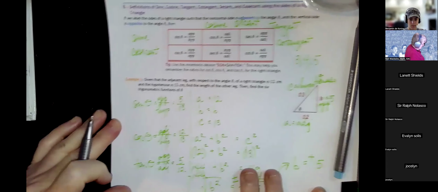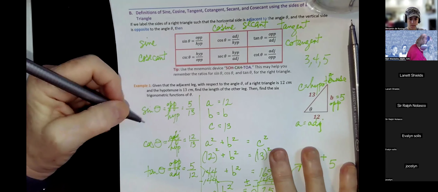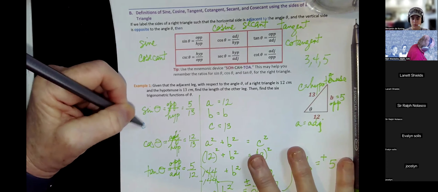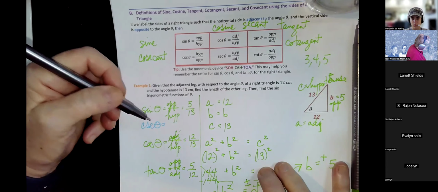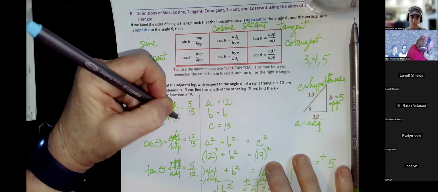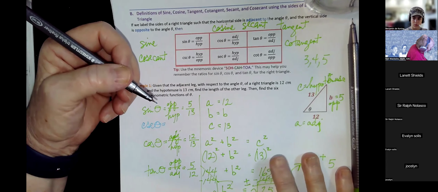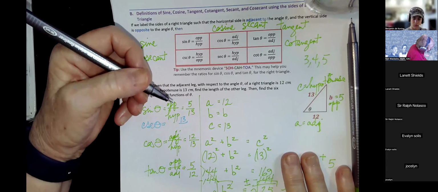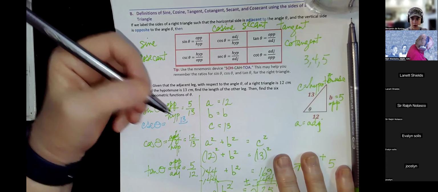And I did it in this way because I want you to think about connections as much as possible. The cosecant of theta is the reciprocal of sine, which means it is 13 over 5.